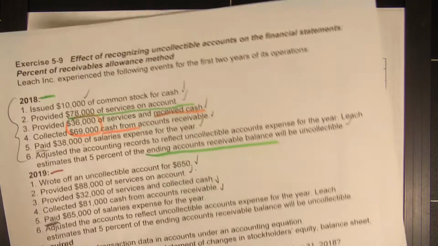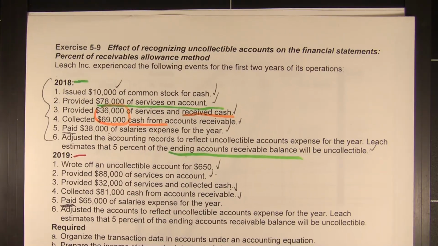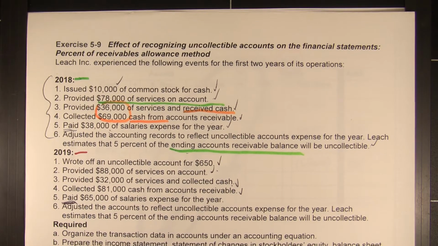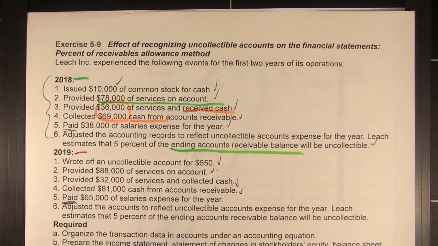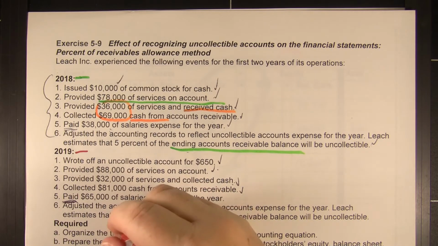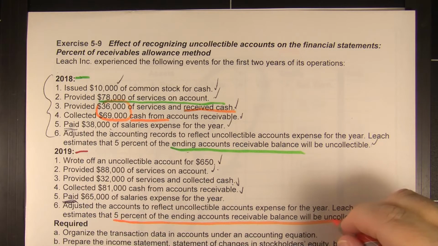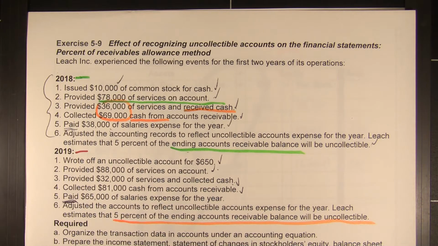And then they tell us that they estimate, again, that 5% of the ending accounts receivable balance will be uncollectible. Well, that's fine, but we have to figure out what that is.